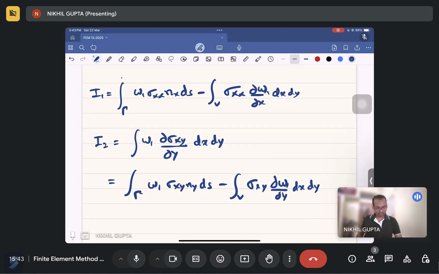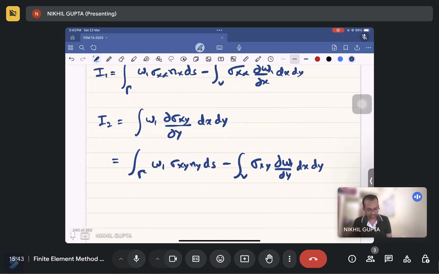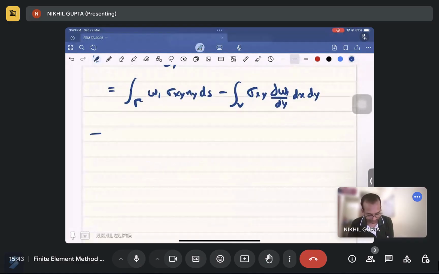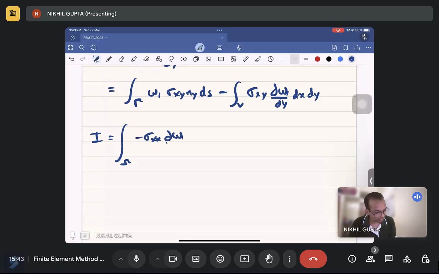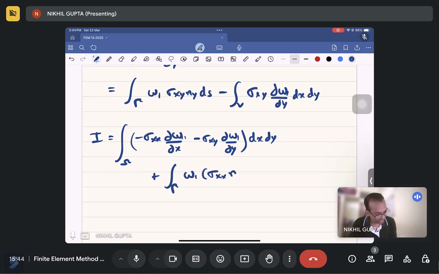Now you can add the full I. I'm adding I1 and I2. So what you will get? You will get the integration of minus sigma xx del W1 by del x minus sigma xy del W1 by del y dx dy plus the surface integral of W1 times sigma xx nx plus sigma xy ny ds equals 0.